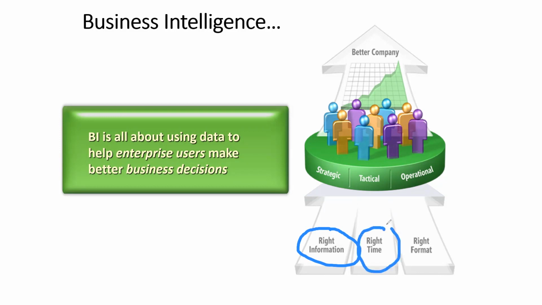Right time, meaning we need to provide the data to all the business users, managers, and people in big positions when they ask for it. For example, if they want the data by Monday morning, the data should be ready by Monday morning, because before they go to board meetings, monthly meetings, or quarterly meetings, they need the data in the right format. The right format means a format they can understand, read, and visualize. So we need to provide the right information at the right time in the right format.